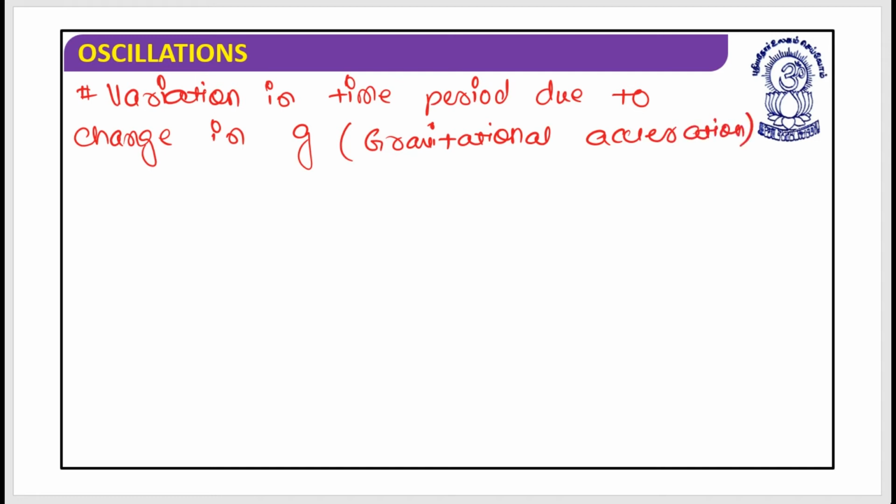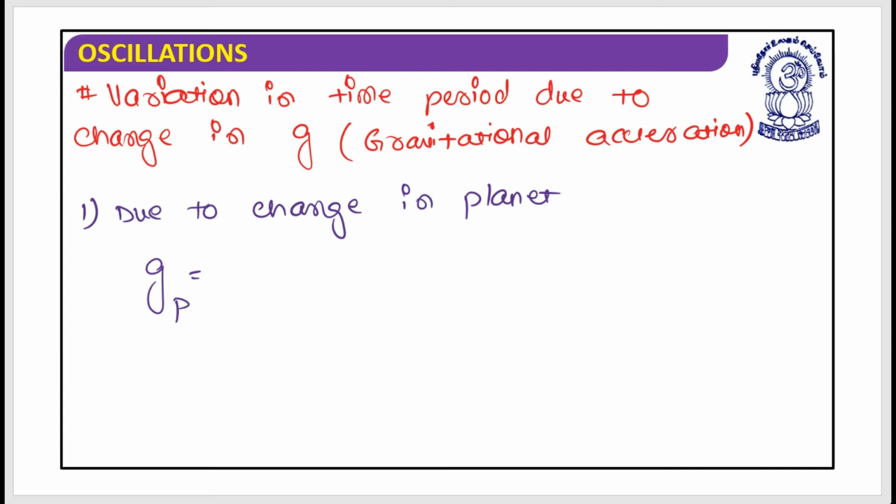So let's see which variations we could have. First, due to change in planet, we have this relation: g of a particular planet is equal to capital G, which we call the universal gravitational constant, multiplied by the mass of the planet divided by the square of the radius of the planet. So g on that particular planet would be equal to G into Mp divided by Rp square.